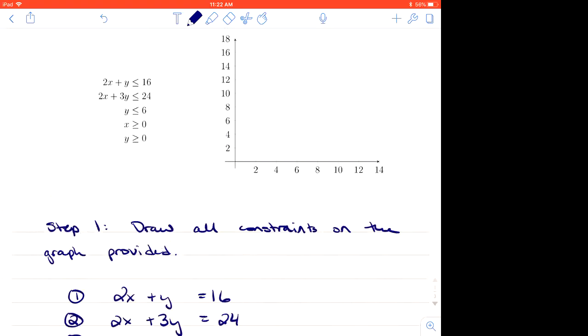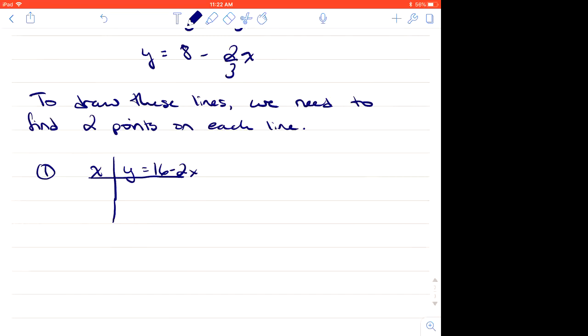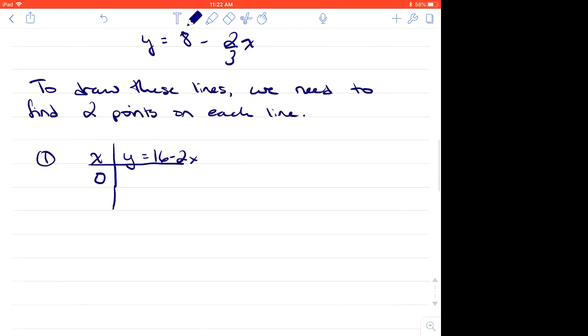So I'm not going to pick any x that's outside that range, right? Because I want to be able to say, oh, if x is 2, for example, then y is this, right? And so I want to pick values of x that are in that range, but any of them are fair game. Our favorite, x equals 0, right? That one's good. So then we have y is 16.